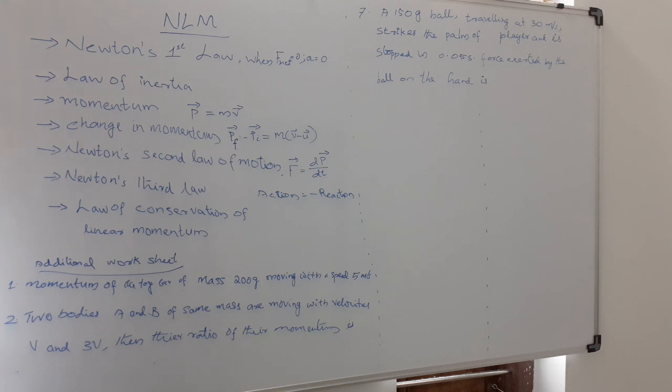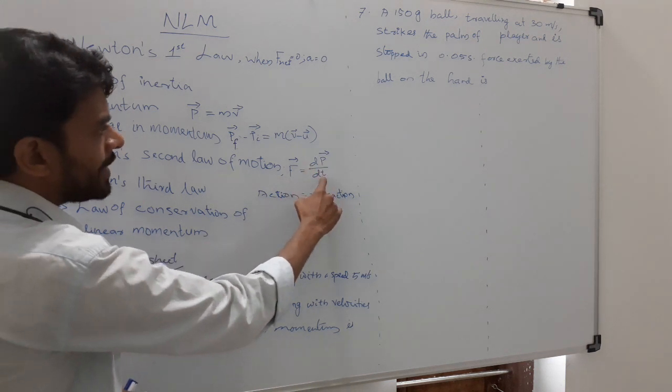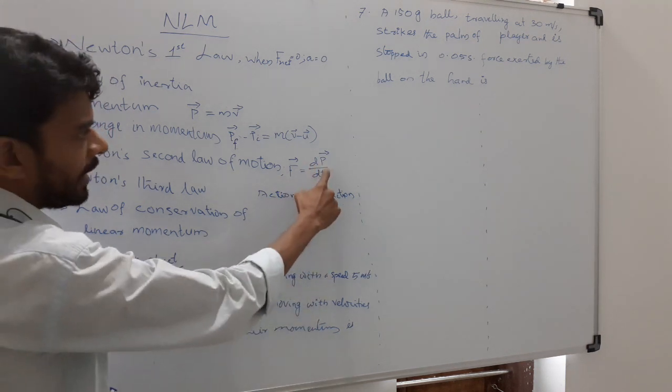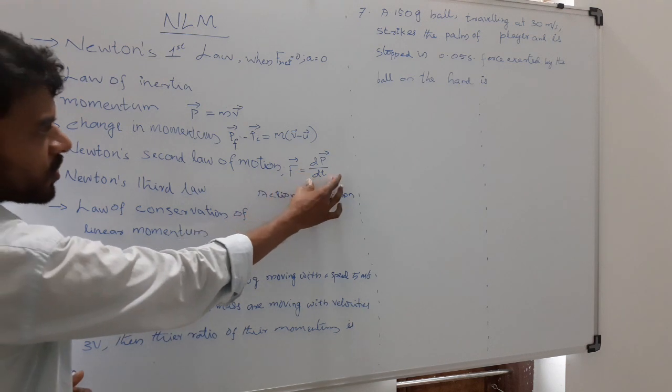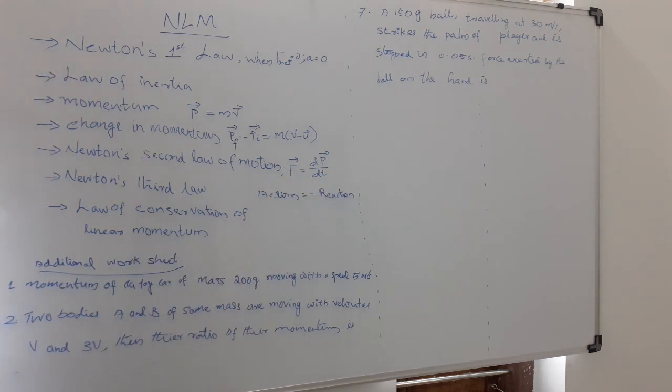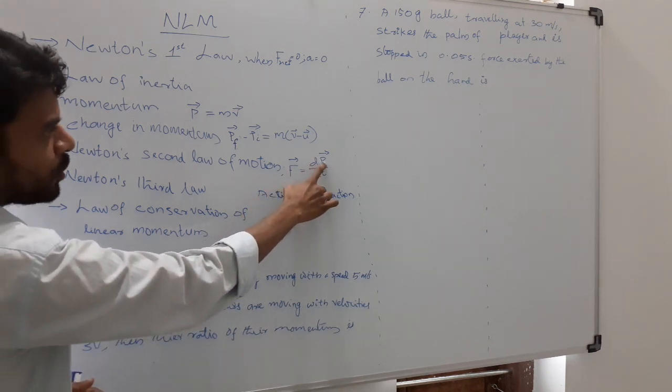Now, Newton's second law of motion. Here I have written F is equal to dp by dt. This dp by dt means rate of change of momentum. Defining this process is actually a long process, so just to show how to read it: it reads as rate of change of momentum.